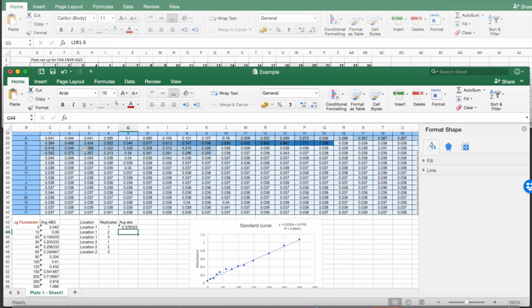Very well. And then location 1, replicate 2, it's in C4, 5, 6. And then their location 1, replicate 3, it's in 7, 8, 9. Is it? Yes.